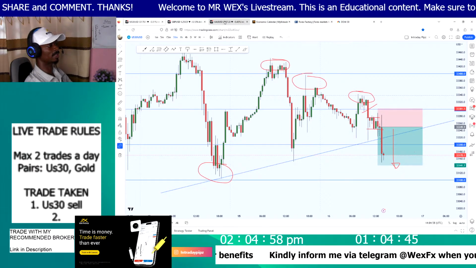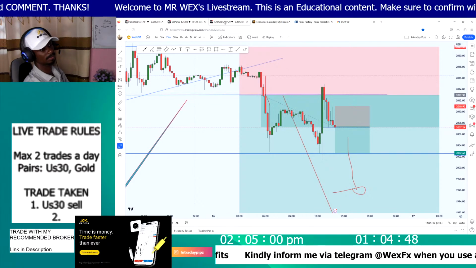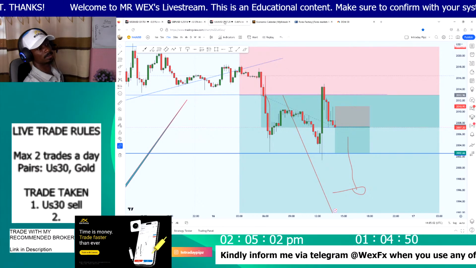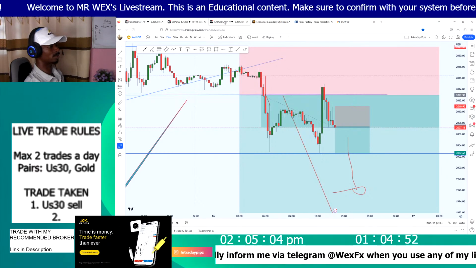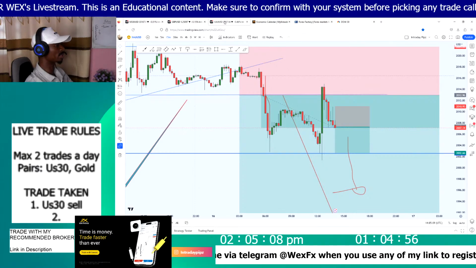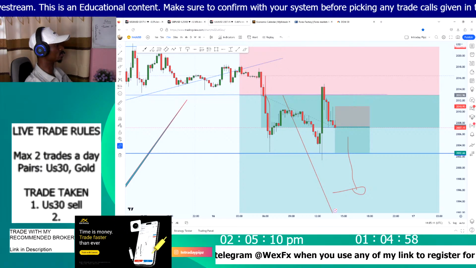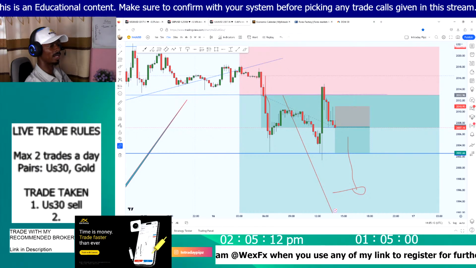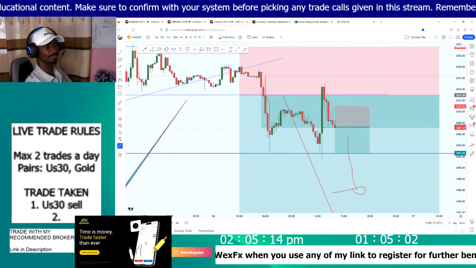So gold is our second trade selling. So depending on how this goes, whether it's a win or a loss, it is what it is. The rule is two trades on the live. That's it.